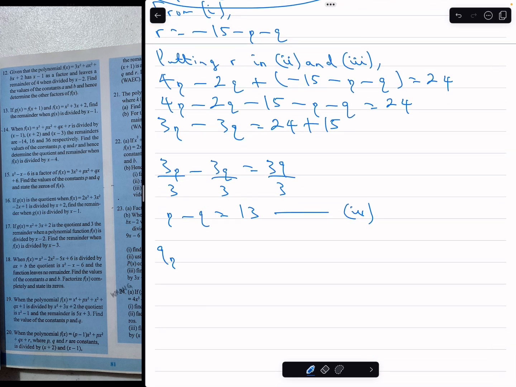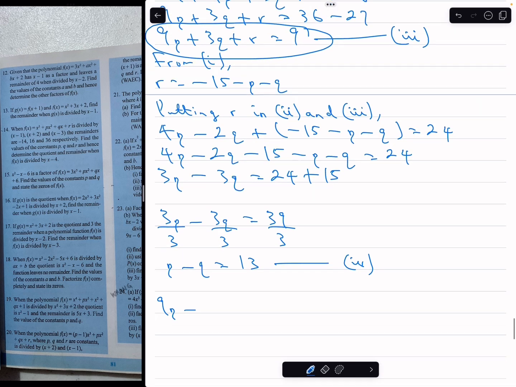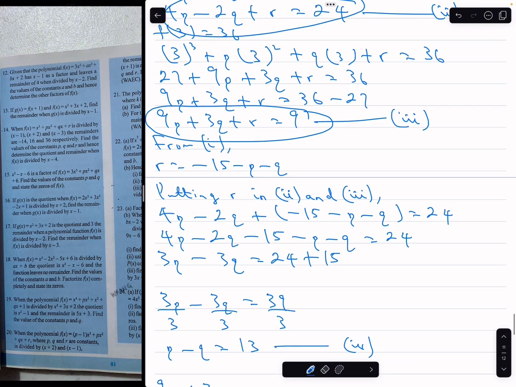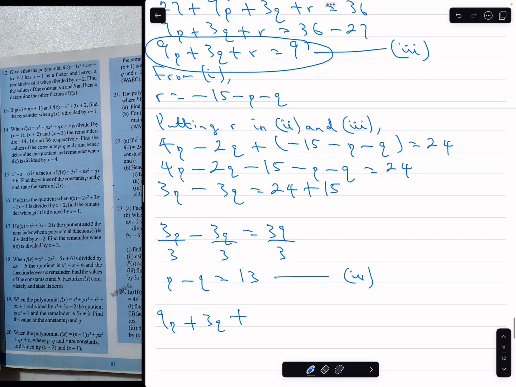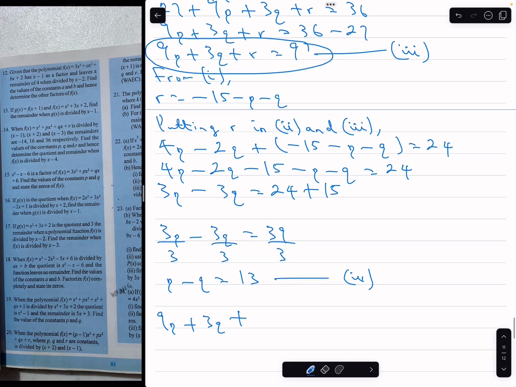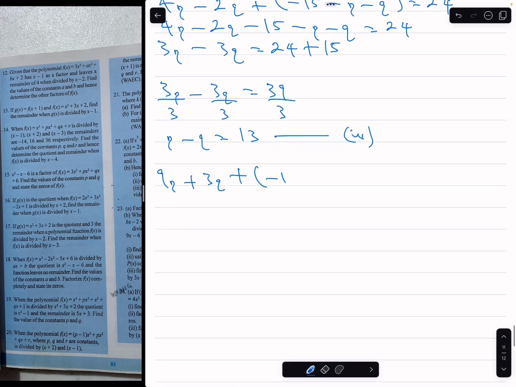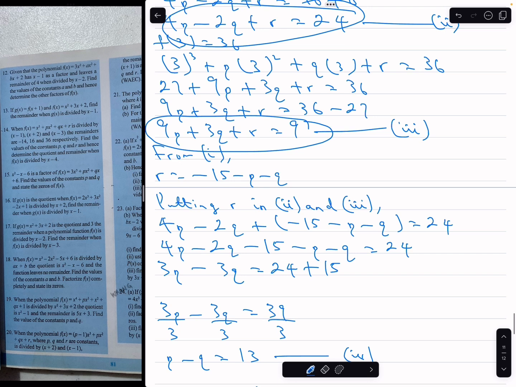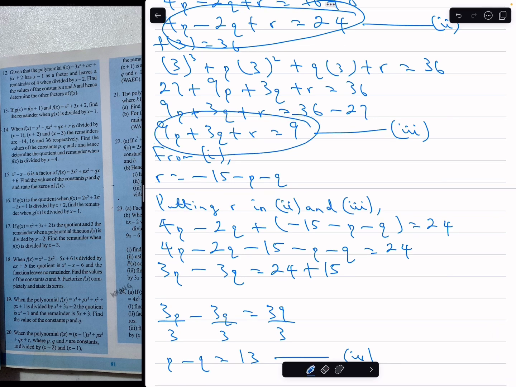Now if I put r in equation 3, this is equation 3, 9p plus 3q plus r. And I know that r is minus 15 minus p minus q. So that's going to be plus minus 15 minus p minus q. And that's equal to, don't forget I'm putting it in equation 3, equals 9.